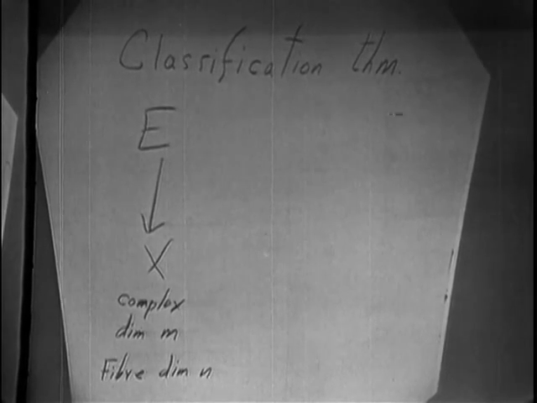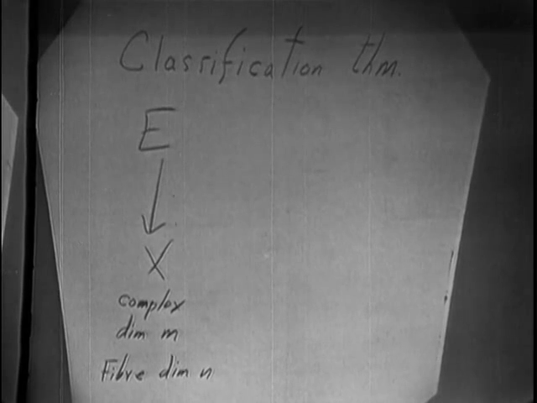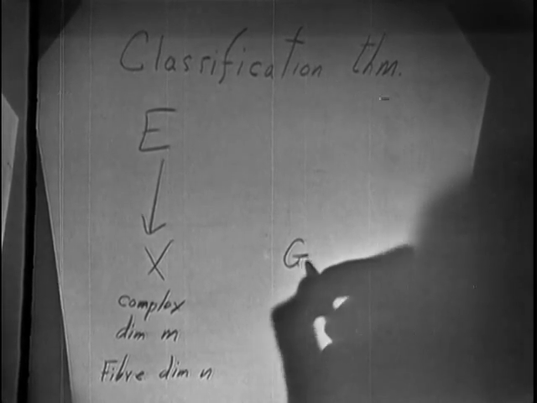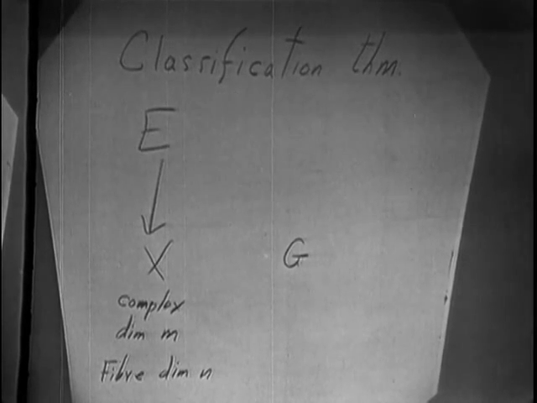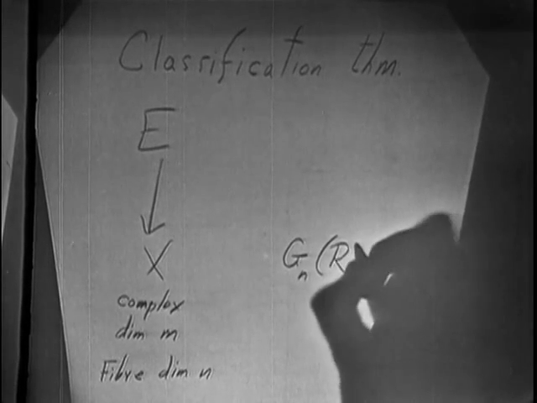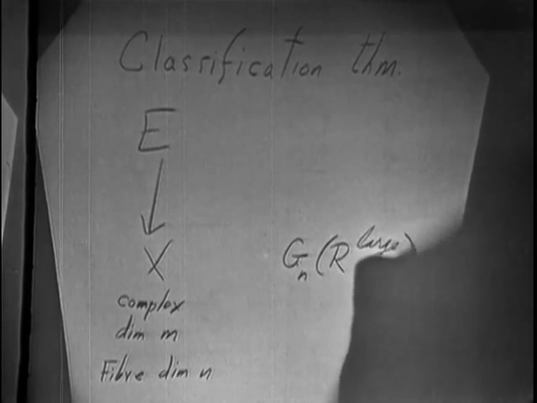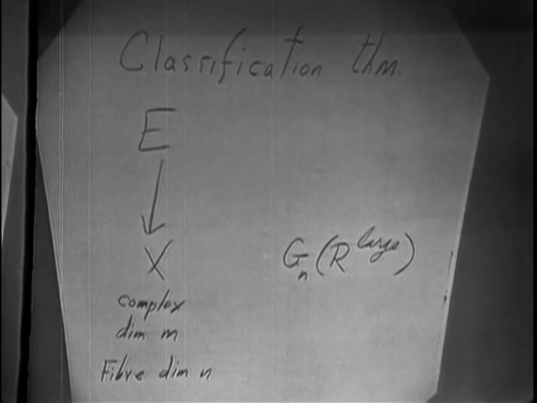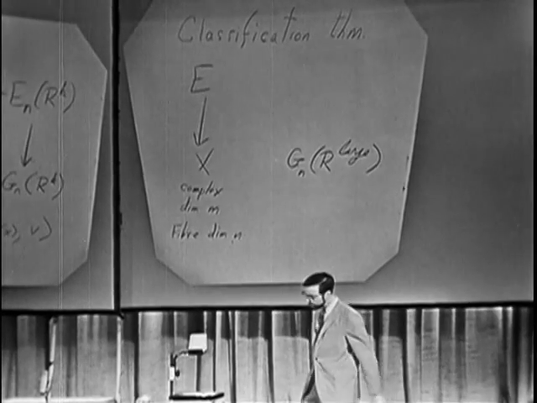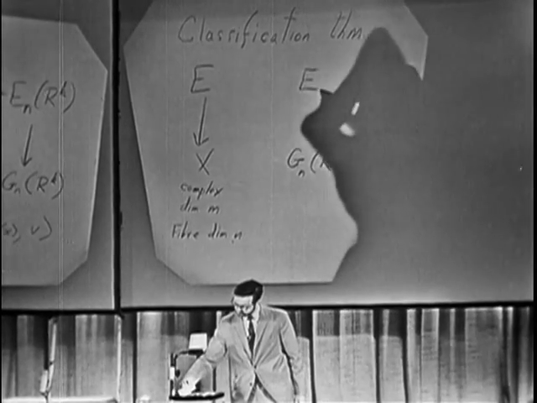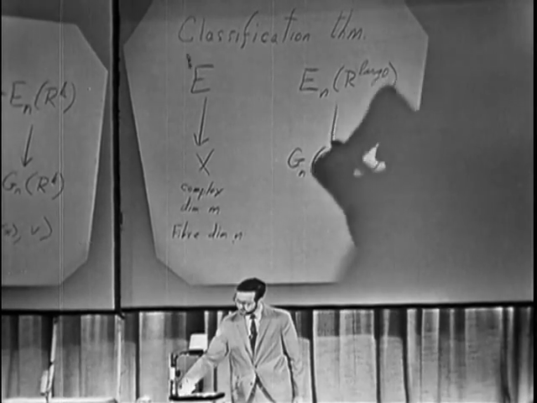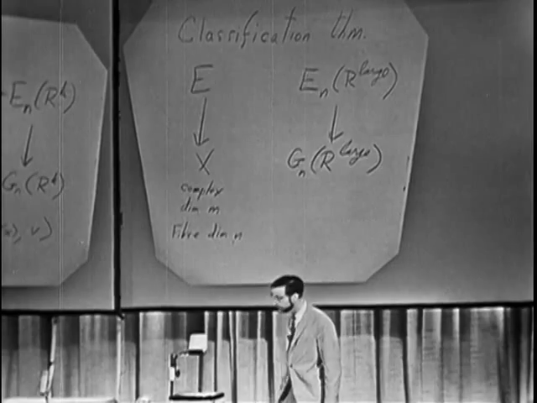Then we try to look at bundle mappings from this particular bundle to our bundle of Grassmann, to our Grassmann manifold consisting of n planes, where n is this dimension, through the origin in a very large dimensional Euclidean space. Large means large with respect to n and m. Try to find such bundle mappings.